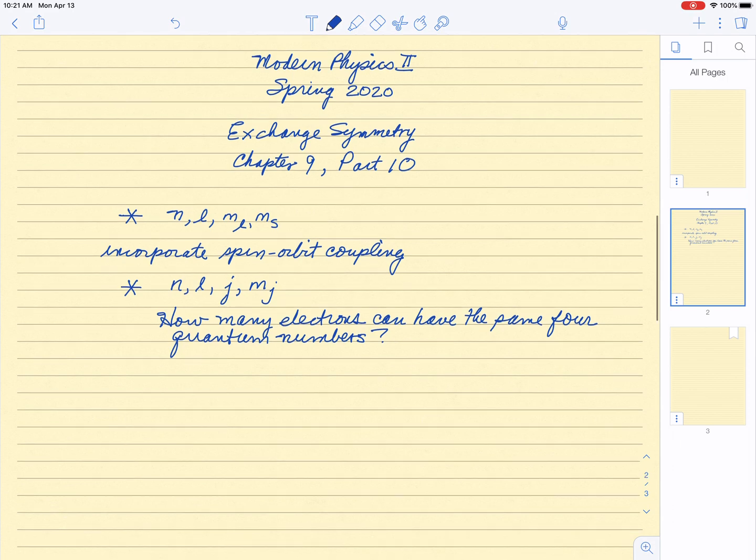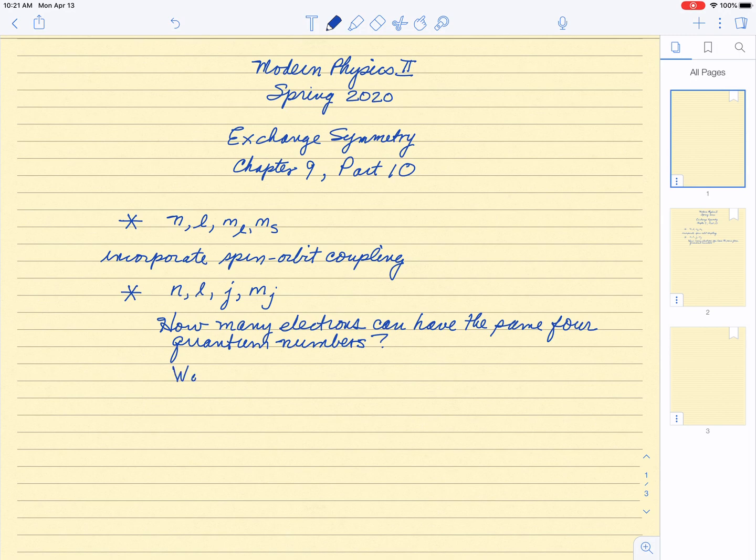And the Pauli exclusion principle is due to Wolfgang Pauli, in my top 5 physicists of all time. And he did this in 1925, shortly after Schrödinger did his thing.